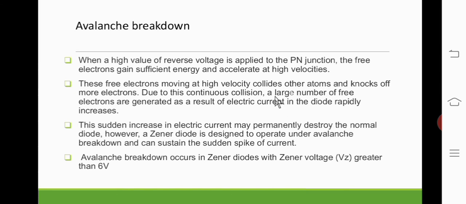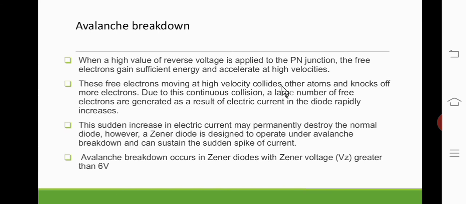So what happens when you apply the high voltage to the PN junction? The free electrons present in the diode gain sufficient energy and accelerate at high velocities.